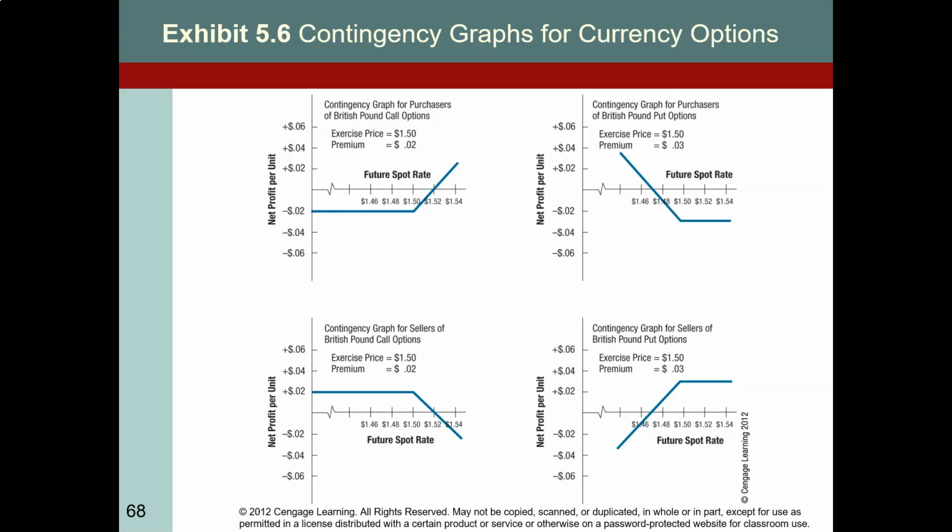You still lose some money because the profit you make cannot offset all the premium you paid. Unless the spot rate goes down below 1.47, you are truly making some net profit. And in this situation, the seller of the put option is going to lose money. And when you are losing money, the seller of the put option is going to make money.